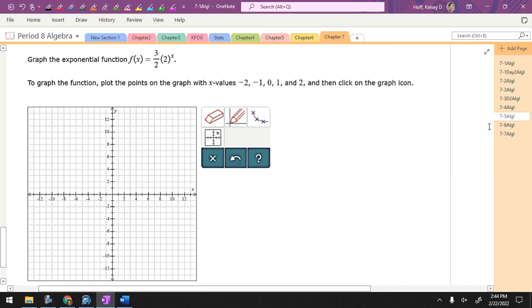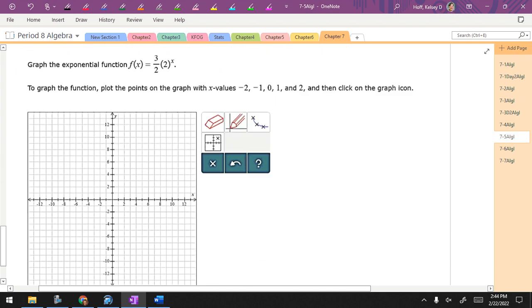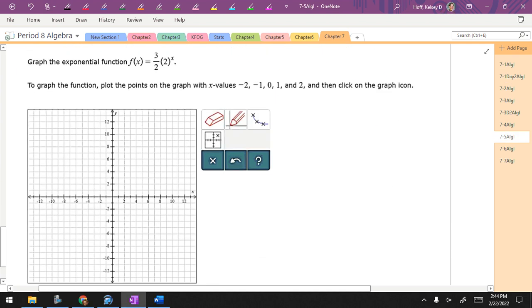We're still plugging in -2, -1, 0, 1, and 2, but we have to follow our order of operations. So if I plug in -2, I have 3/2 times 2 to the -2nd. What should I do first? Very good.